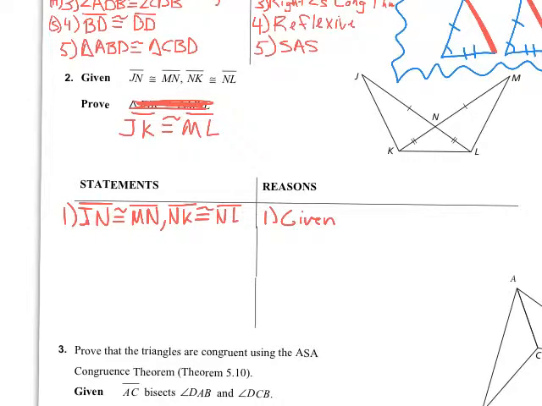So what does that give us? On a problem like this, you may want to go through and say, JK is one of the sides of this triangle, and ML is one of the sides of this triangle, so I'm trying to prove those two triangles are congruent. So what does the given give us?